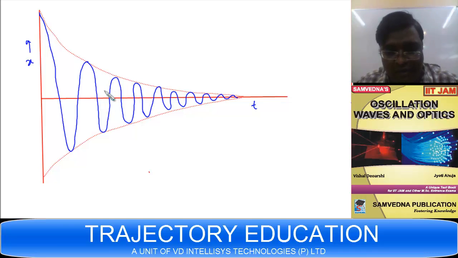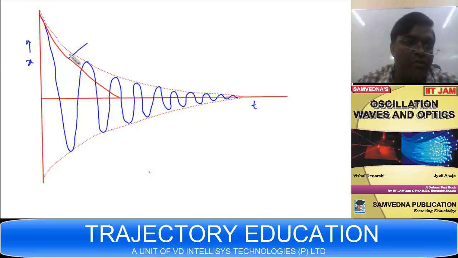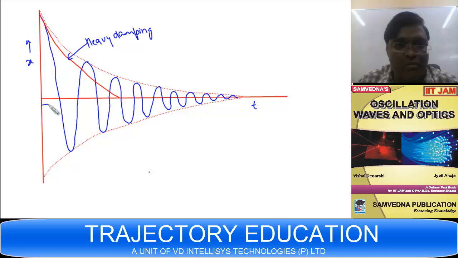In case of heavy damping, it will be like this. The particle, once displaced, comes back to equilibrium position, but it takes a large time. This is the time taken by the particle to come back to equilibrium position.